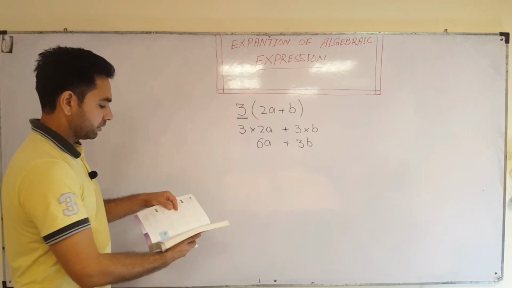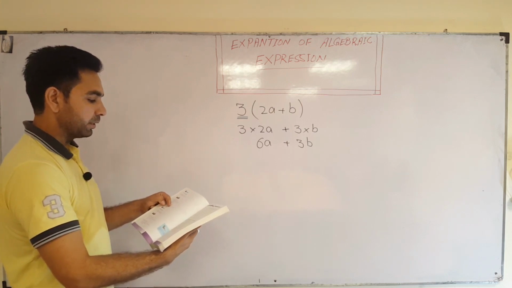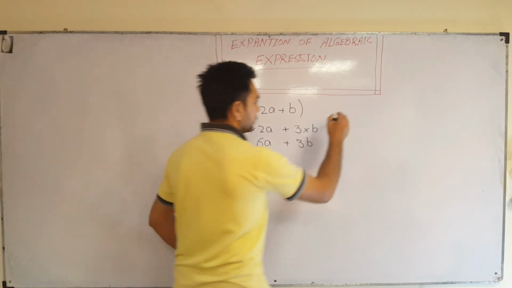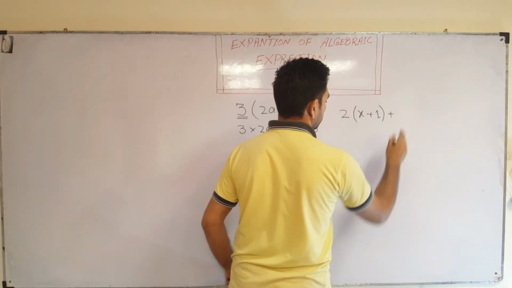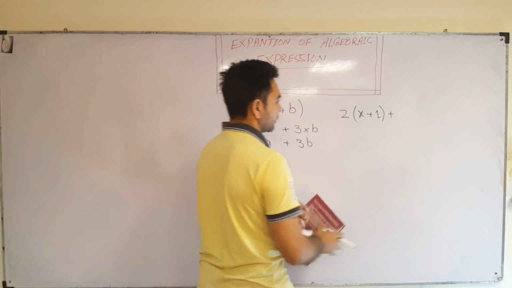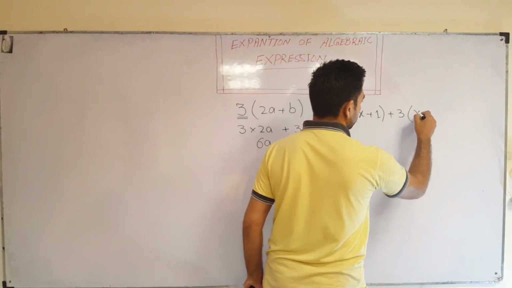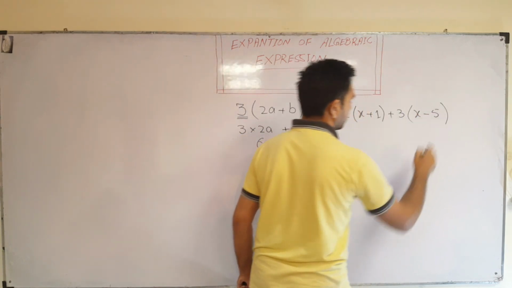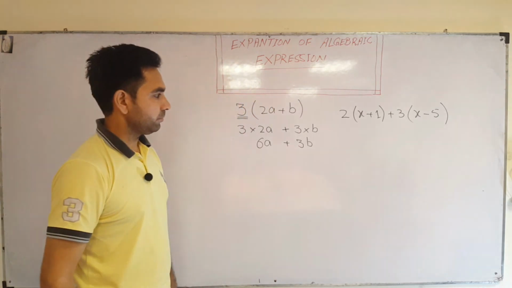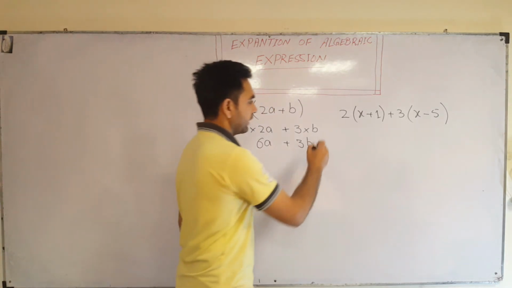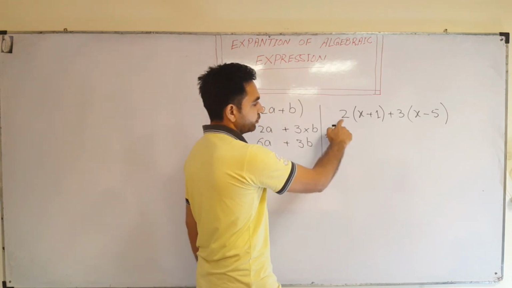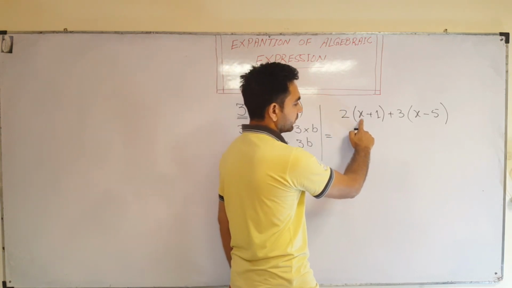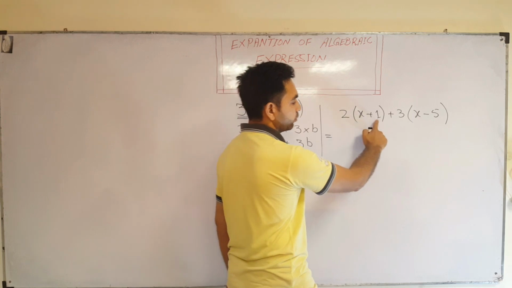Right? Similarly, if you are given another expression, 2 times (x + 1) plus 3 times (x - 5), we can do the same thing again. It means this 2 has to multiply to x and this 2 has to multiply to 1.